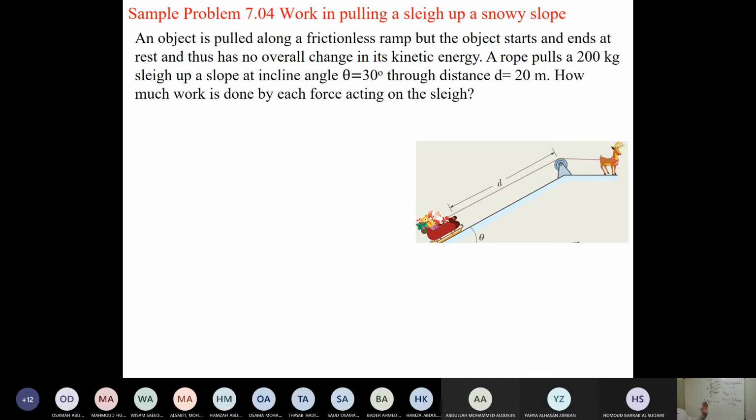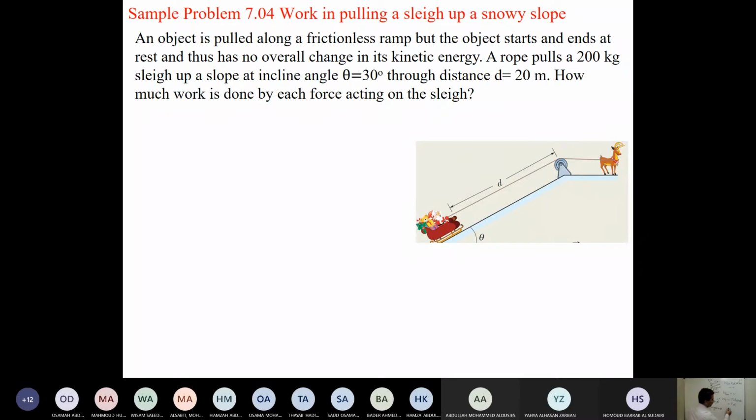But if the object was initially at rest and afterward at rest, how much is the total acceleration there? Zero. So the tension is completely balanced out by mg sine theta. So T is equal to mg sine theta.